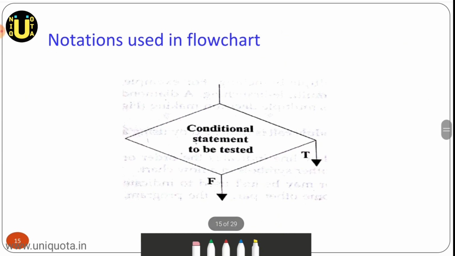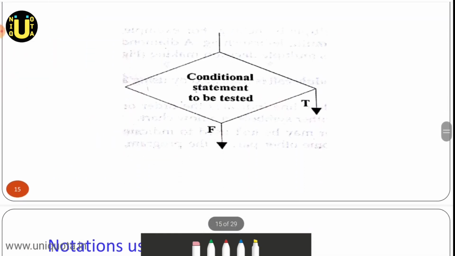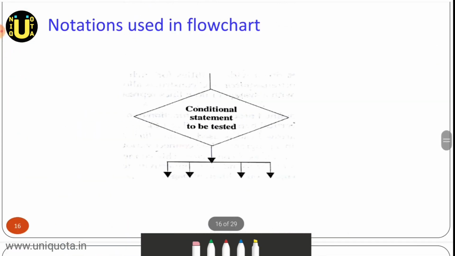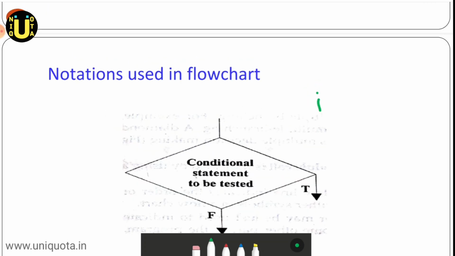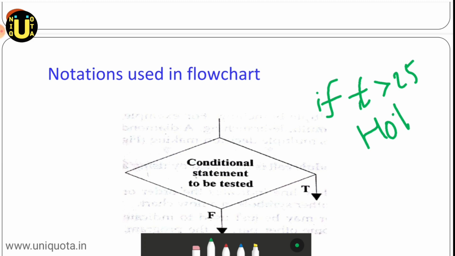So now processing I already told, and condition statements. Always some condition is there. For example, if else, if temperature T is greater than 25, tell them that it's hot. Just like that I'm taking, don't take it in a serious way.